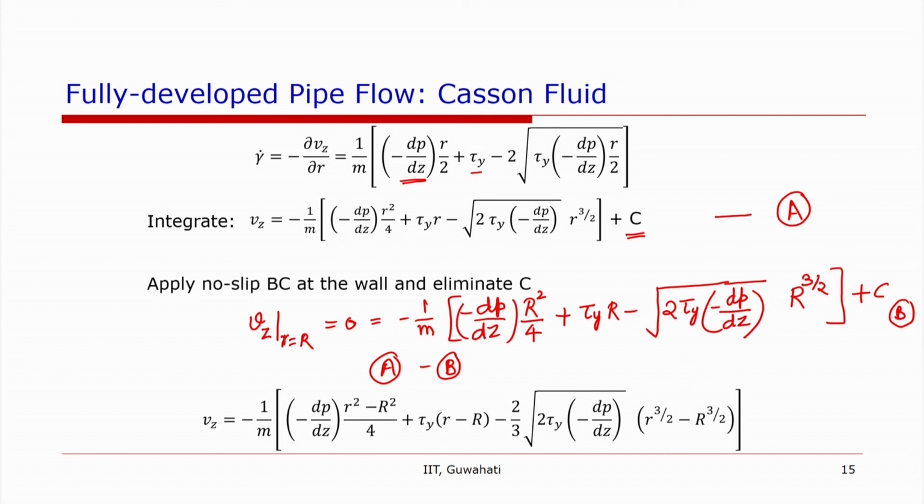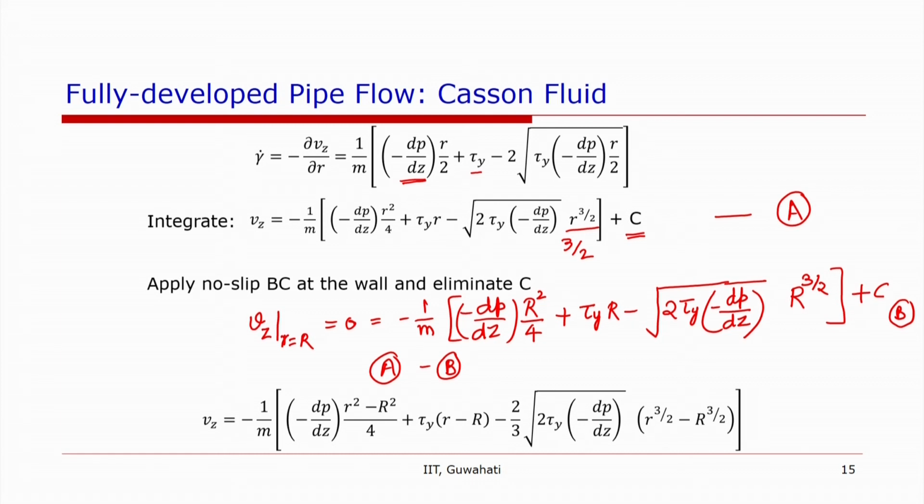What we have missed here is this is divided by 3 by 2 here. So this will be 2 by 3 and this all inside.